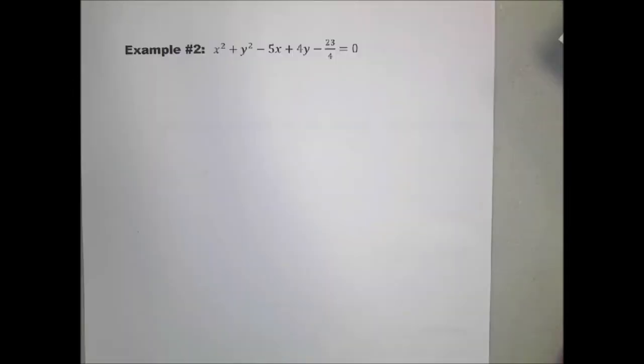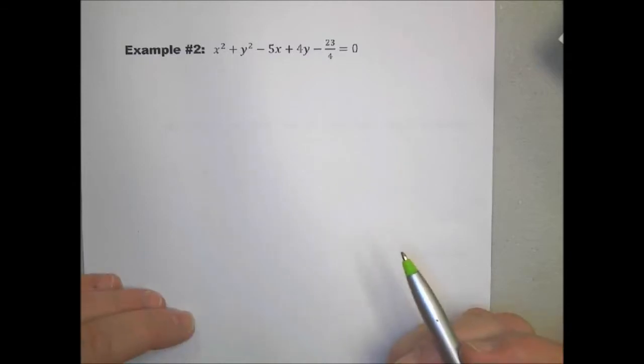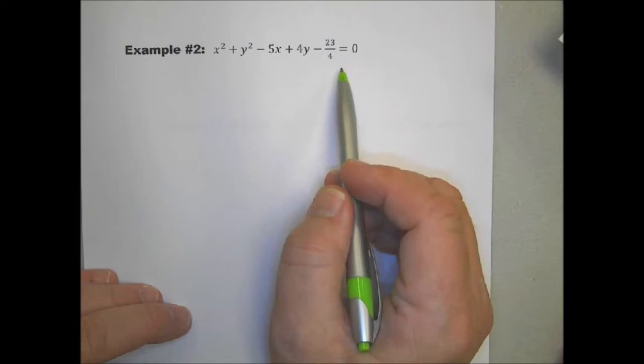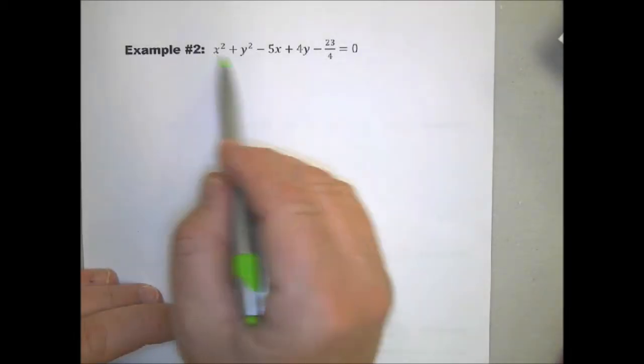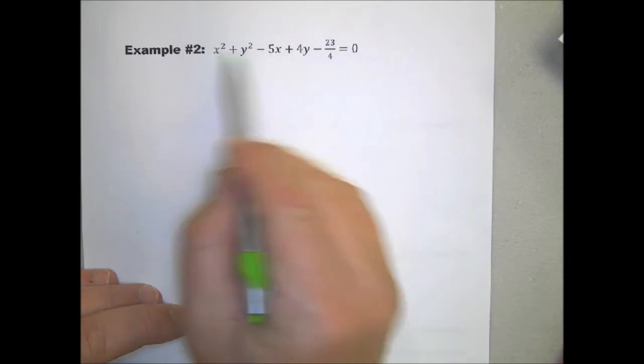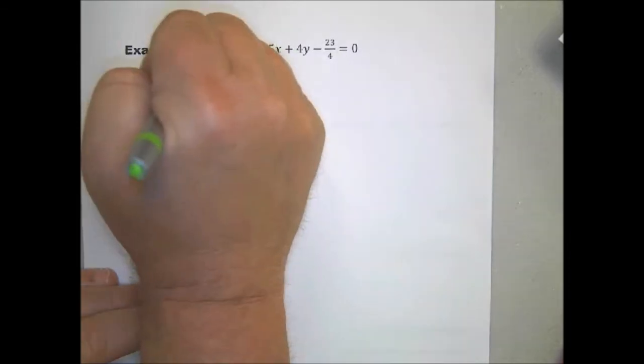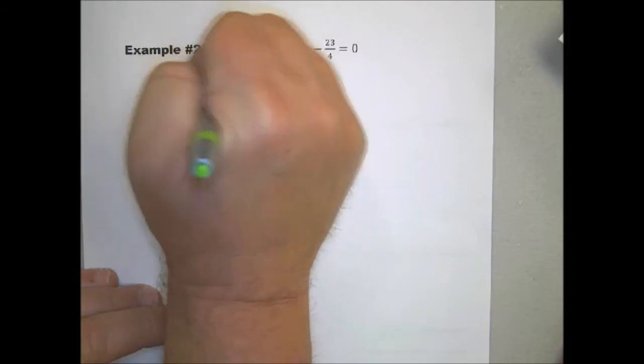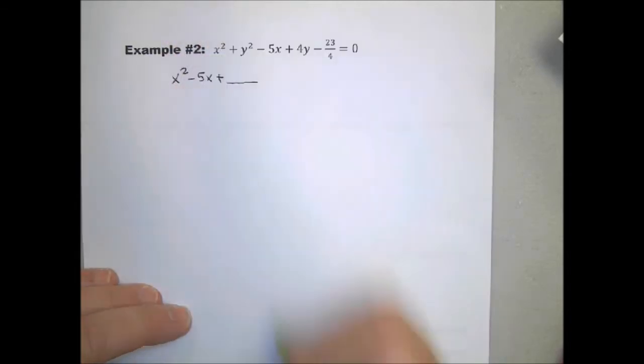Okay, for example 2, I chose a problem that makes a lot of students nervous, and you'll see why in a second. The first step I'm going to do to completing the square is group my x's together again. So I'd have x squared minus 5x, and I know I'm going to have to add a third term to make it a perfect square.